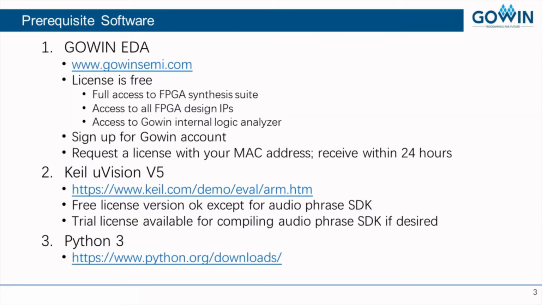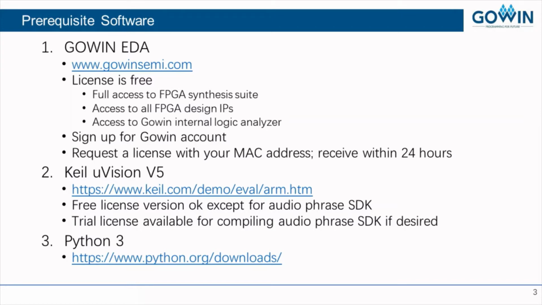I'd recommend continuing to update Gowin EDA as new releases come out every few months or so, because there are always new IPs and new software features being added. When I download the next version, I'm always impressed at what has been added, so it's worth keeping up with.